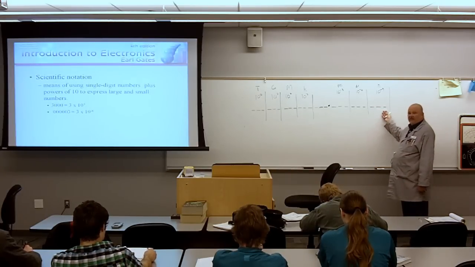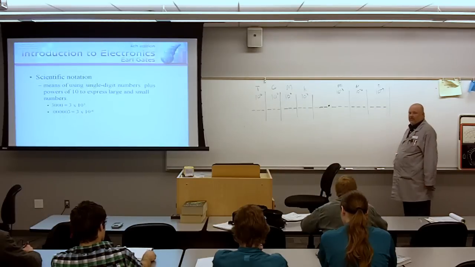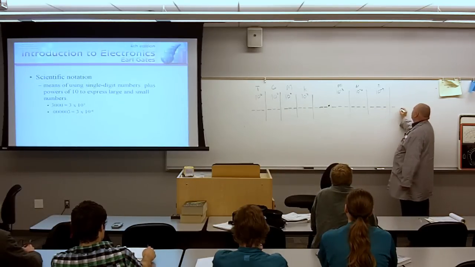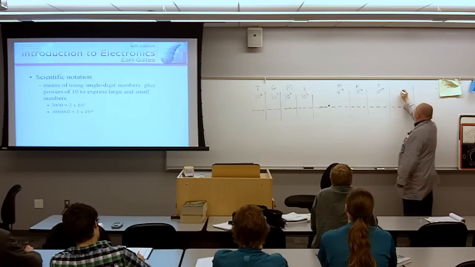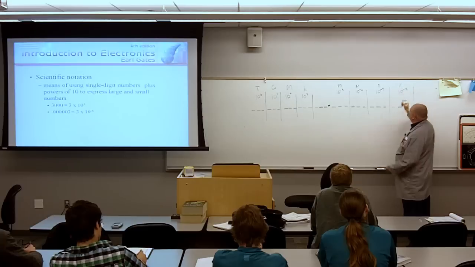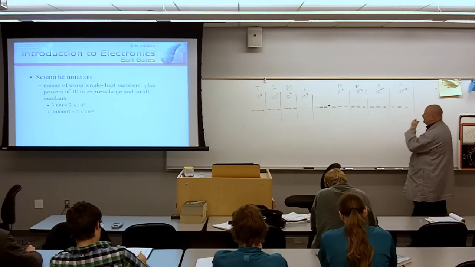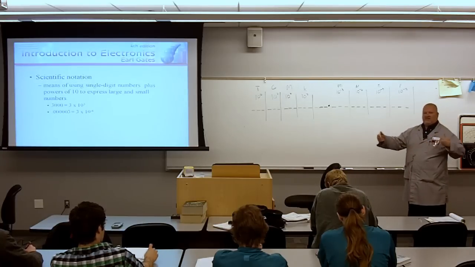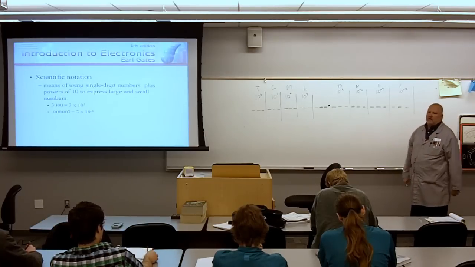This is kind of where nanotechnology is playing around now. 3 more places past the decimal point, times 10 to the negative 12th. Pico, small letter p, pico. Suffice to say, I could go further. There's a couple places past this, but it's beyond the scope of what we're talking about right now.